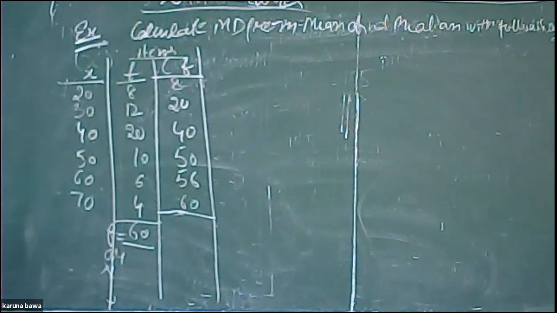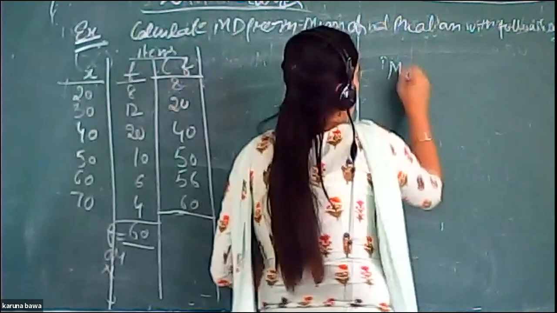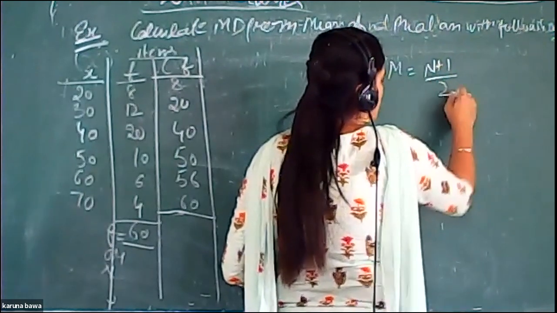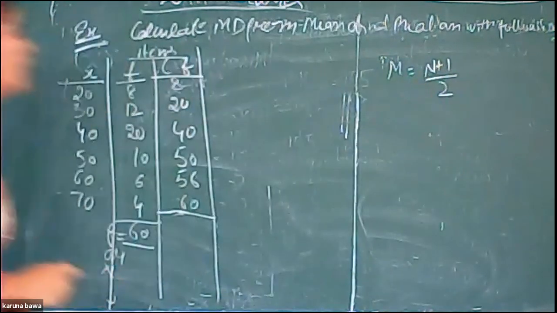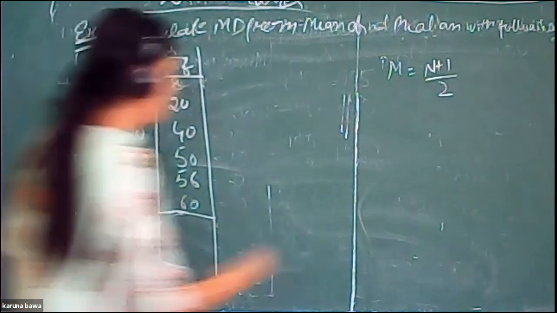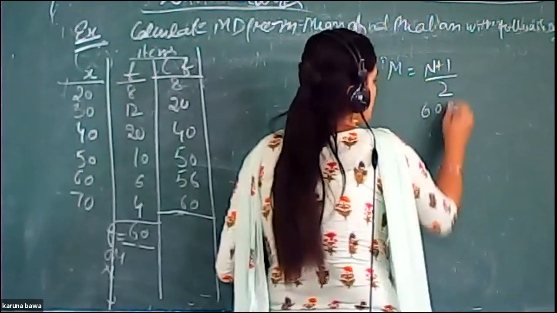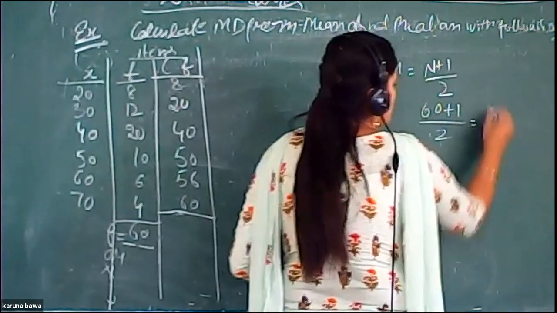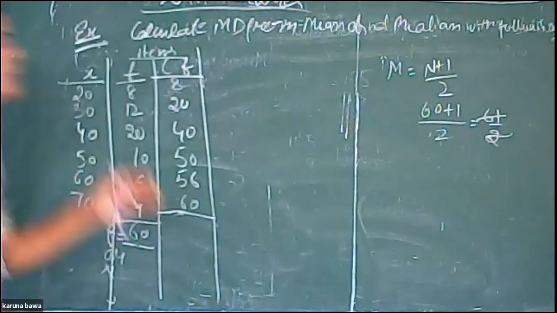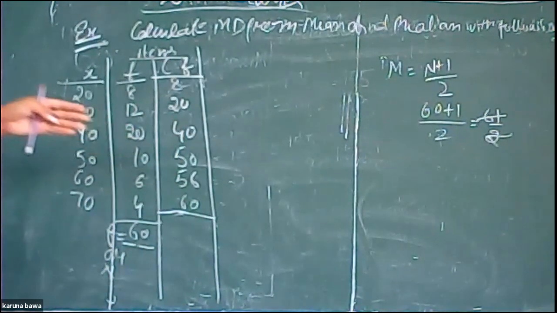So after this, first of all, we find out the value of median. As we know, median is the n plus 1 over 2 th observation. n is the total number of observations, 60 plus 1 over 2, 61 over 2.